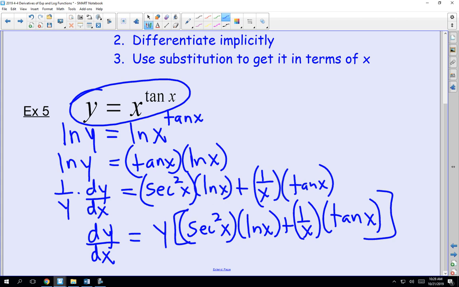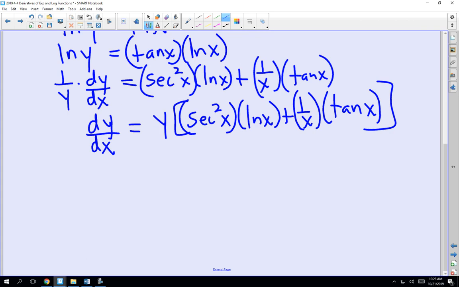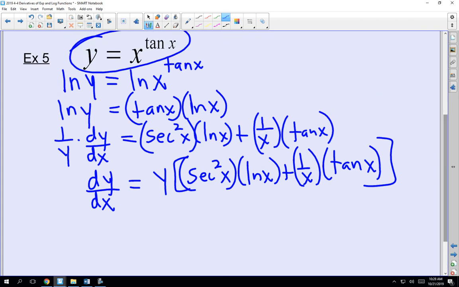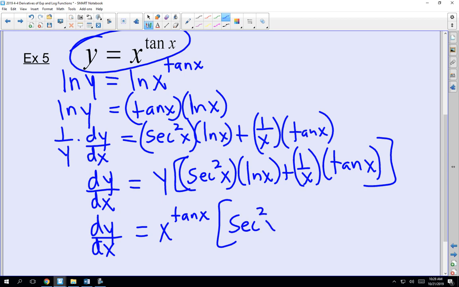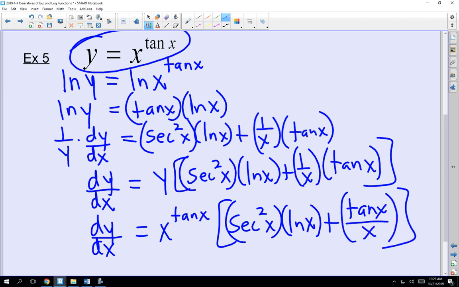So I can replace y with x to the tangent x. So dy dx equals x to the tangent x times secant squared x ln of x plus, you can write this as tangent x over x. That's our final solution. So that's using logarithmic differentiation.